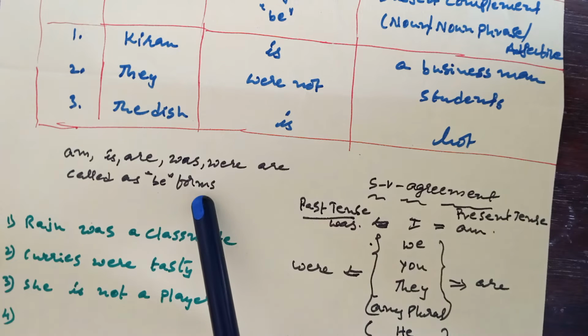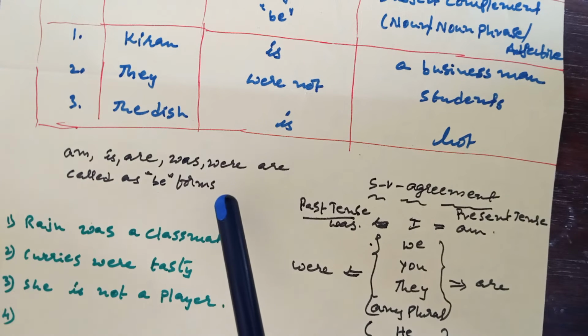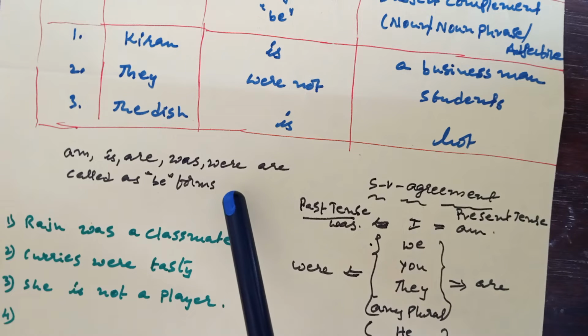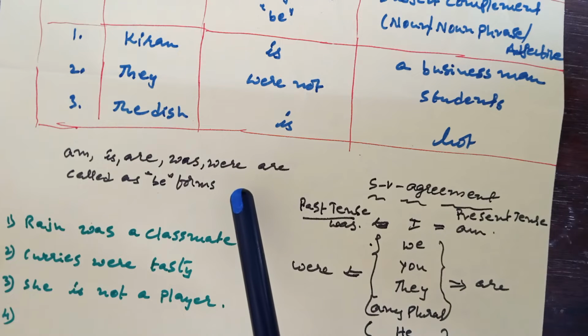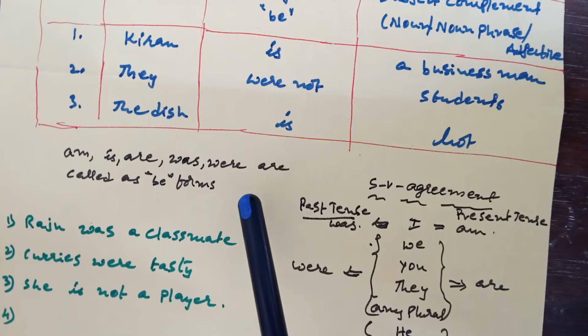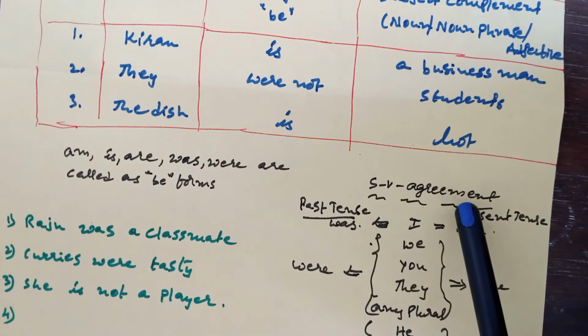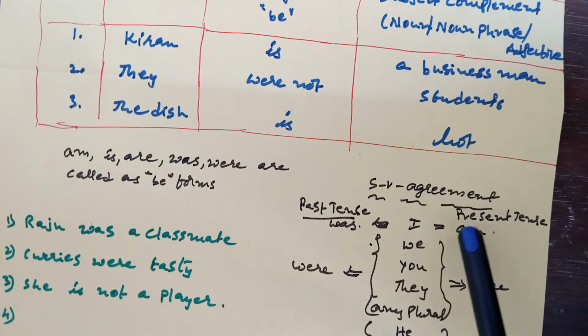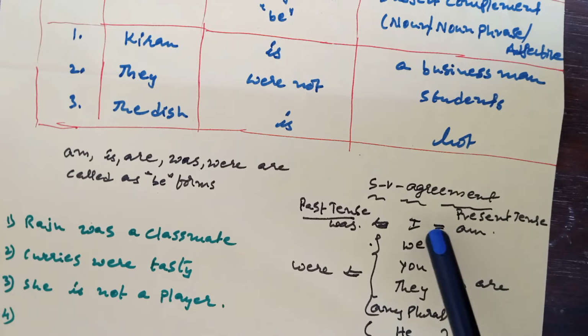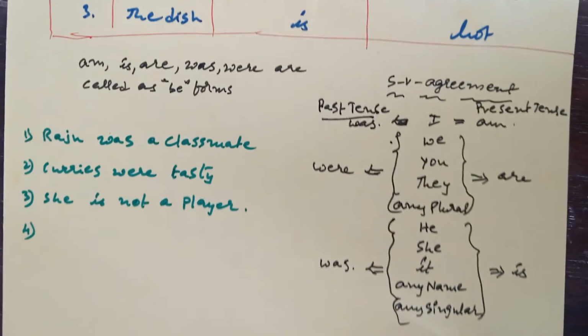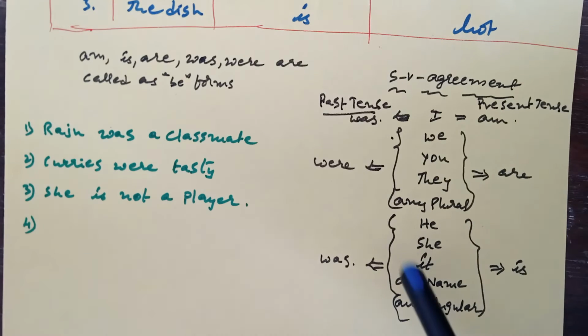When we write our own sentences, it becomes necessary to write grammatically correct sentences, for which it is necessary to understand subject-verb agreement. I, we, you, they, any plural, he, she, it, any name, any singular appear as subjects in the given sentences.